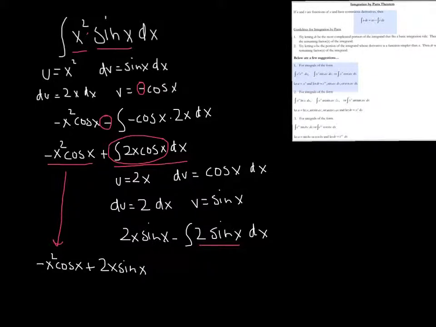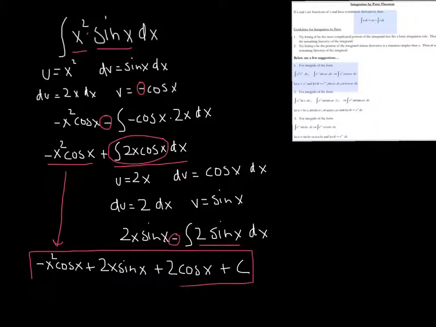And then if we integrate sine of x, once again, we get negative cosine of x. And so that negative is going to change this negative in front of the integral to a positive. And so that's going to end up giving us positive 2 cosine of x. And once again, this is an indefinite integral, so you need a plus c on your answer, and that is the answer for this problem.